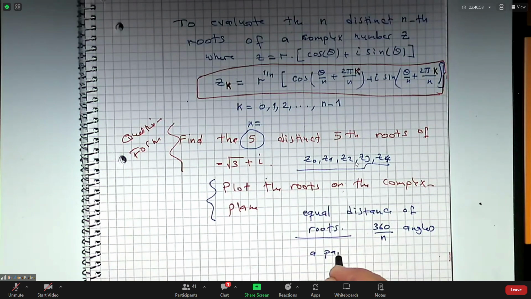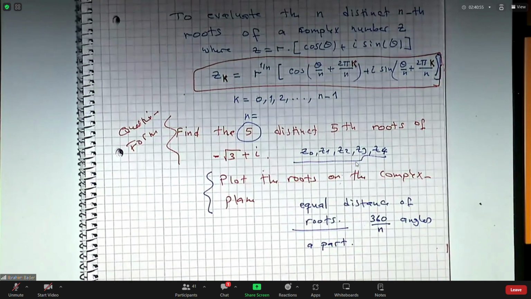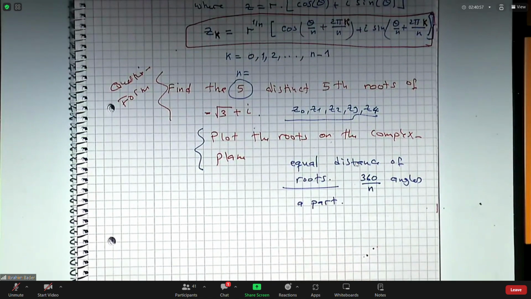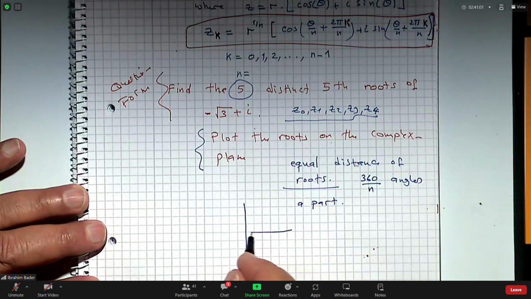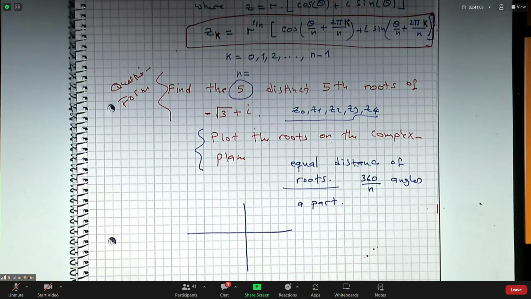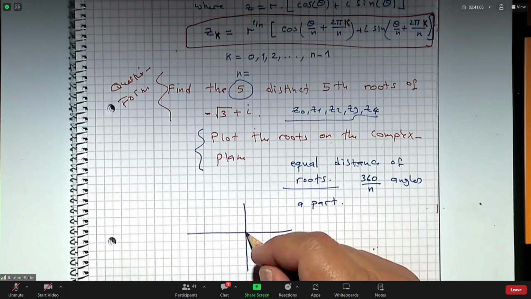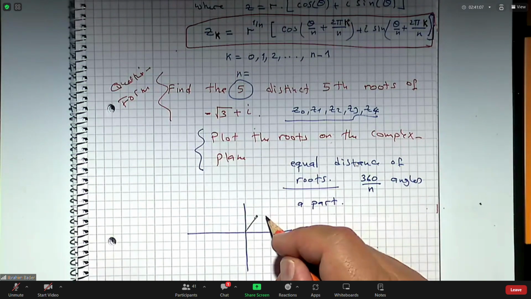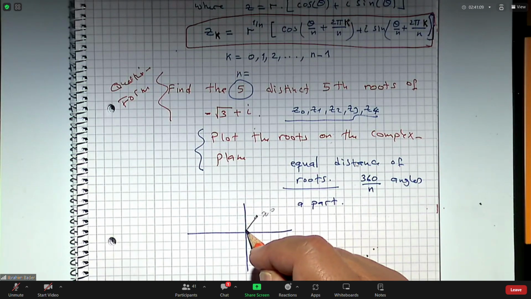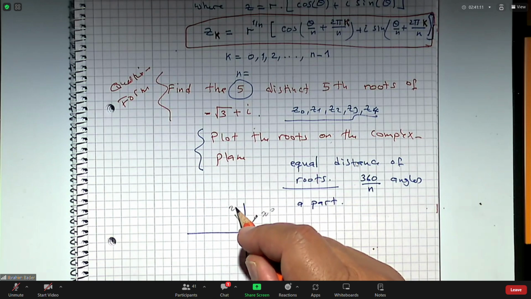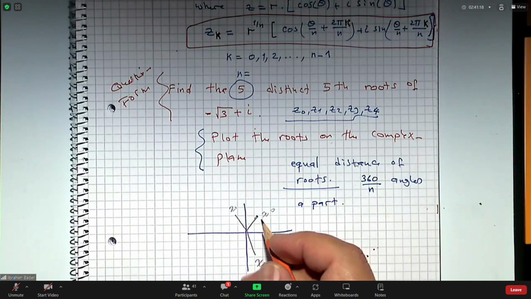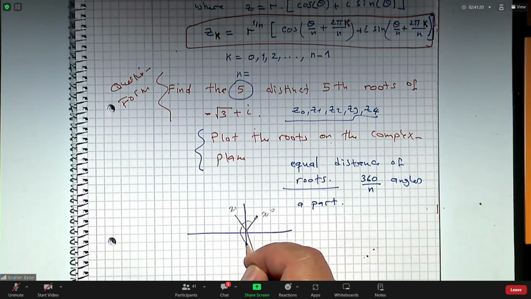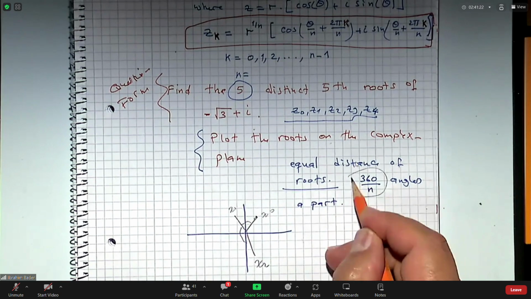So I just write this informally. That means when you plot these roots, you won't be having something like, for instance, this can be Z0, okay? You can't be having Z1 here and then Z2 here, for instance, if you are evaluating the three roots. This angle between the roots is exactly equal to this amount.